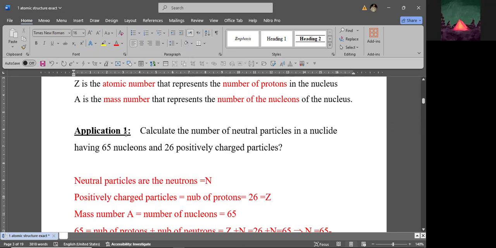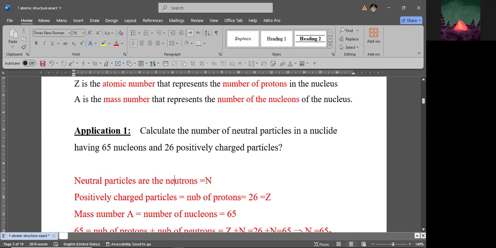Application 1: calculate the number of neutral particles in the nuclide having 65 nucleons, the nuclear particles that are in the nucleus, and 26 positively charged particles. The question is about the neutral particles. You have to know that we are asking about neutrons. Neutral particles are the neutrons.